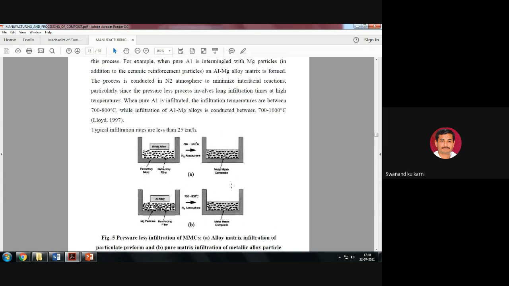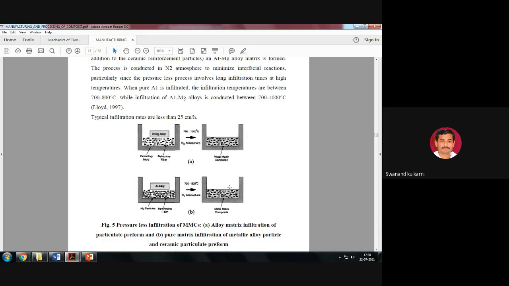Then here you can see the infiltration process. Is it okay? How does this infiltration process work? So this is an aluminum magnesium alloy. The refractory fillers are present inside this one here. So 700 to 1000 degrees centigrade with an N2 atmosphere here, because in order to reduce oxidation, this nitrogen is present here. Is it?